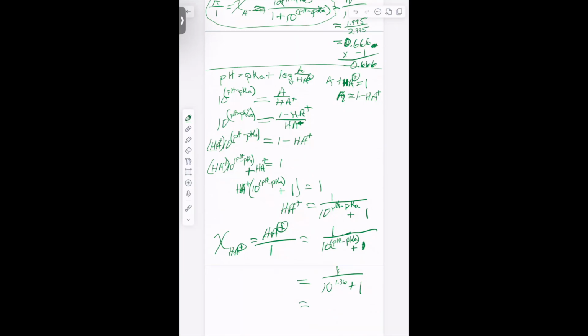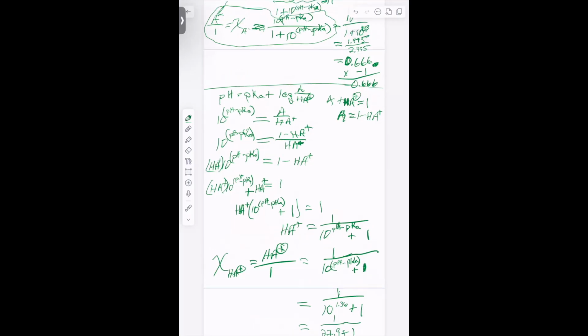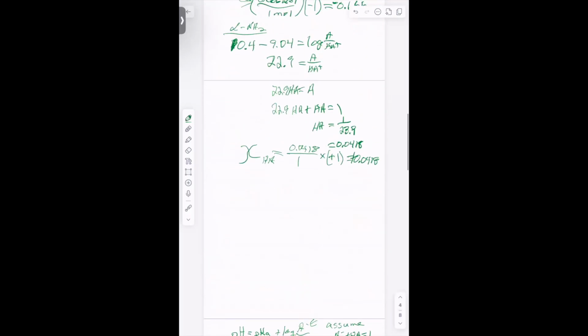I get 1 divided by 22.9 plus 1, 1 divided by 23.9, and 1 divided by 23.9 is, drum roll, 0.0418. And since that's charged, it's positive charge. So you could see I got the same answers 2 different ways.